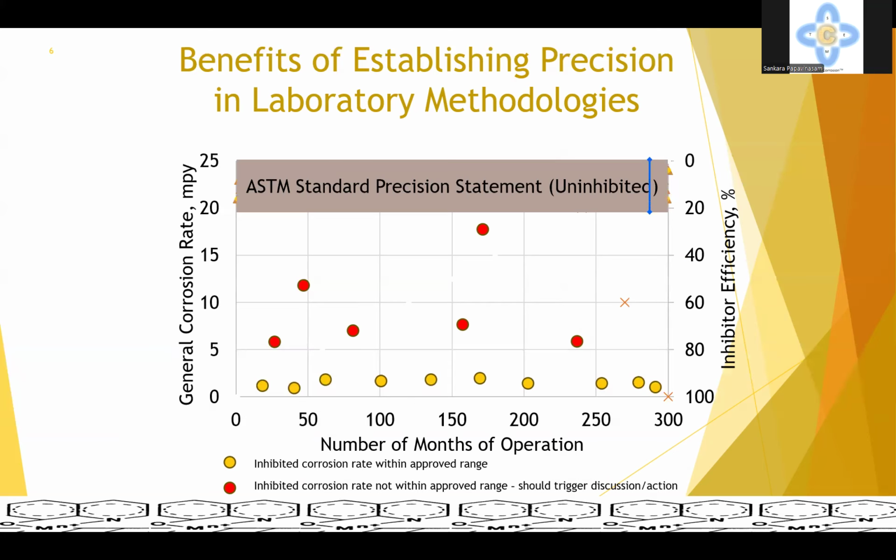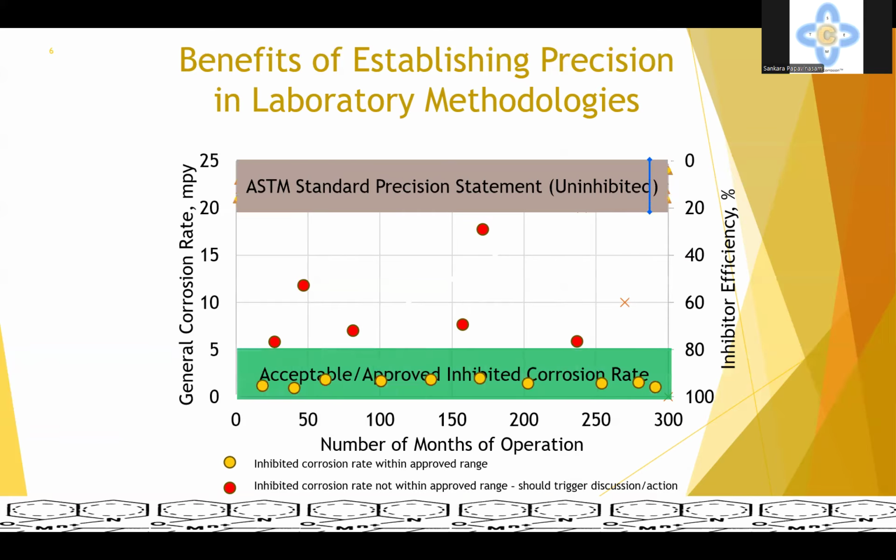Once you establish the range at a confidence level, then we can manage the inhibitor program very effectively in the field. For example, in this case, the general corrosion rate was between 20 and 25. That is the band, that is the precision. And when you do the corrosion inhibitor testing regularly, if the results vary only in that band, with very low corrosion rate and high corrosion inhibitor efficiency, then the inhibitor is approved and continues to be used, as long as it is in this range.